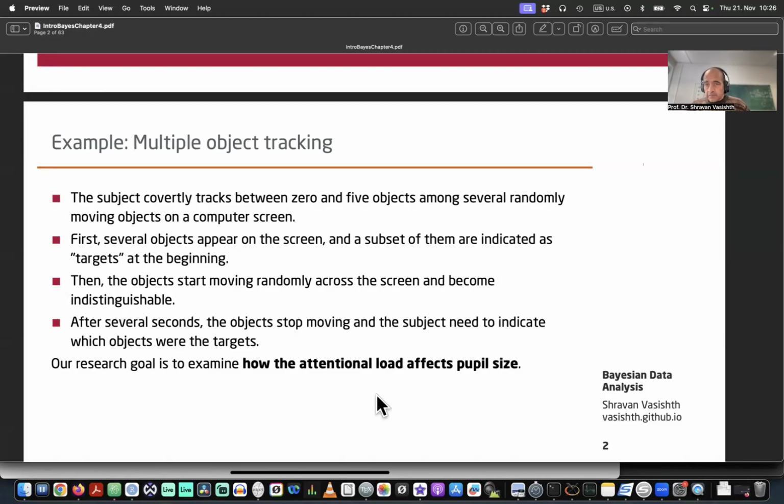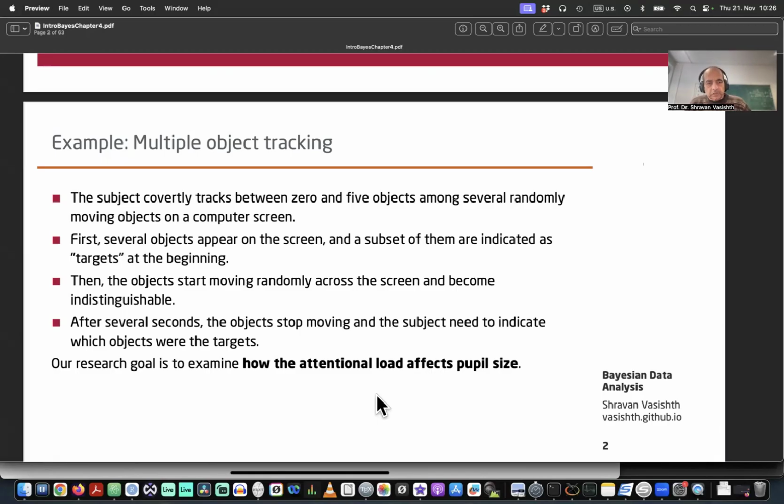Then the objects start moving, and the marking on the objects that have to be tracked is removed. So the subject's job is to keep track of those dots that were marked as targets. And then after some time, the objects stop moving, and the subject has to indicate, for example, with a button press on the mouse, which of the objects were the targets, right?